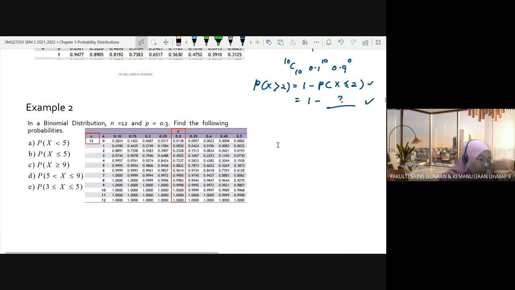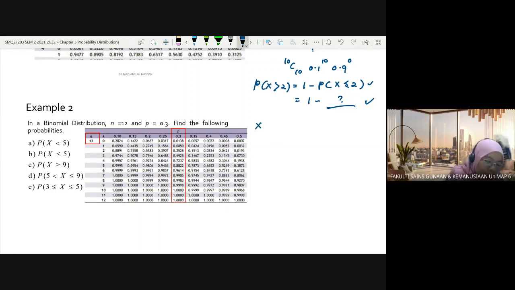Now, in a binomial distribution where the number of trials is 12 and the probability of success is 0.3, find the following probabilities. So first write down the distribution of your X. X in this case is the number of successes of anything, we don't know because it does not mention here.